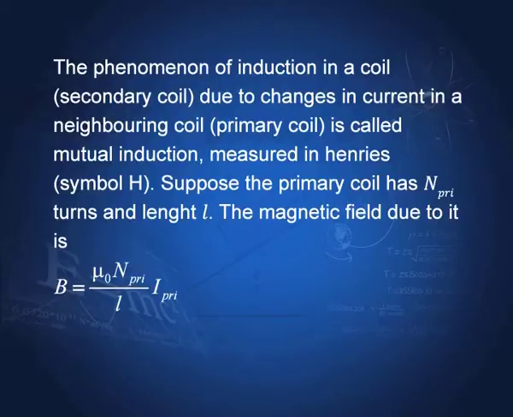Suppose the primary coil has n primary turns and length L. The magnetic field due to this is mu 0 by L into n primary times I primary. The same field is linked to the secondary coil.